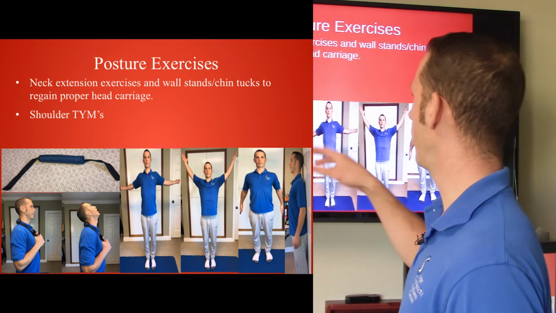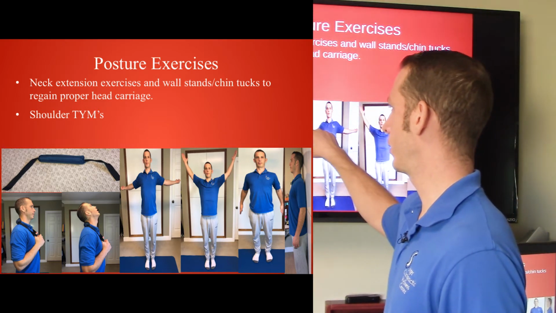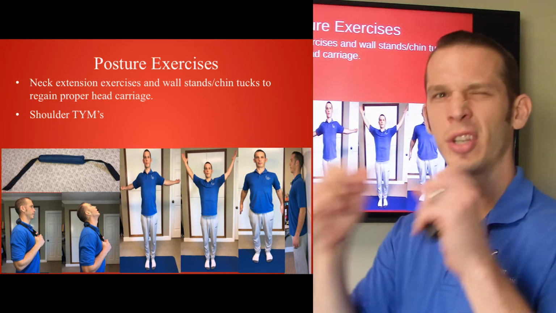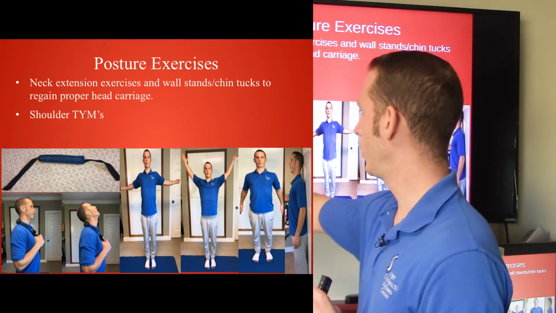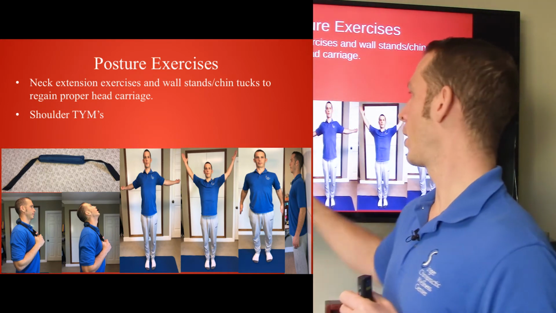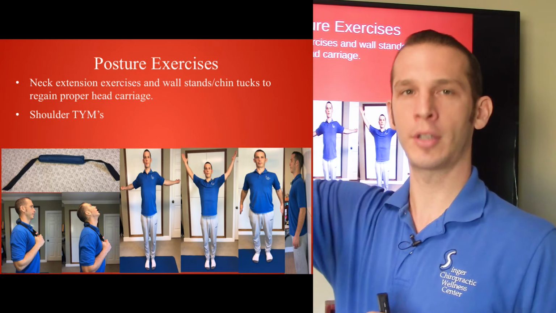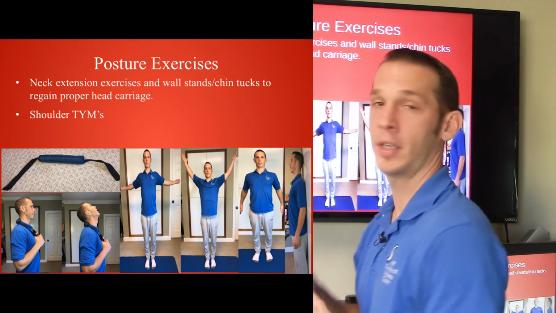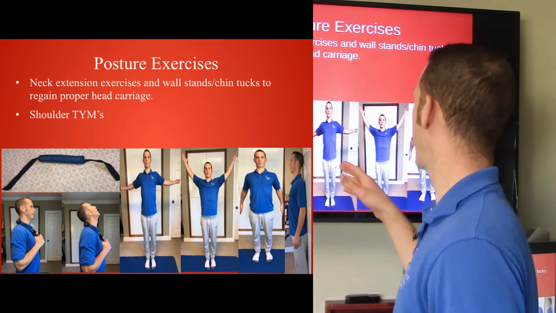One of them is called neck extensions. This is just a simple cushioned strap that we put on. You put it behind your neck and you pull down. It helps to increase the curvature in the lordosis, helps to bring the head back into a proper position, taking pressure off the lower back.